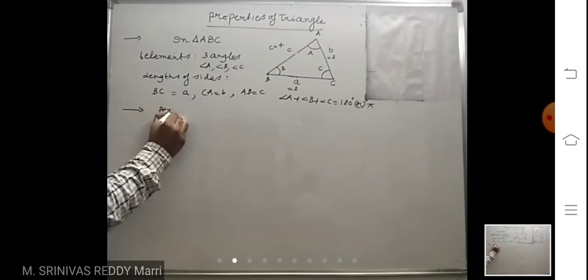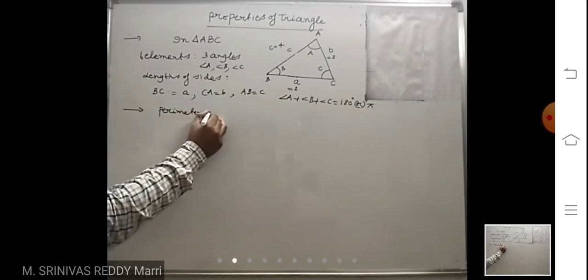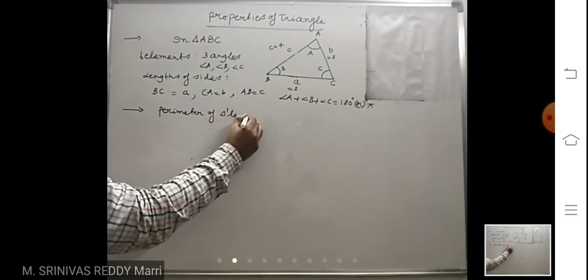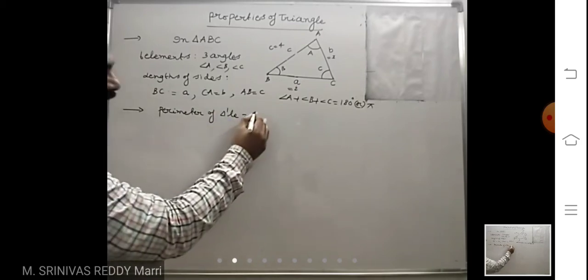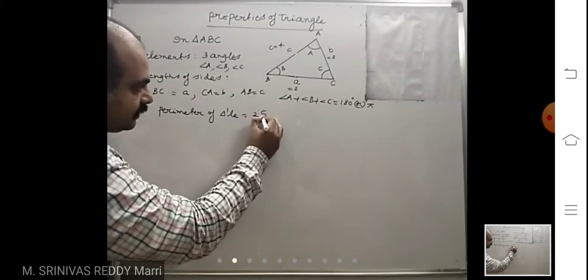Look at perimeter. Perimeter of triangle is denoted by 2S.